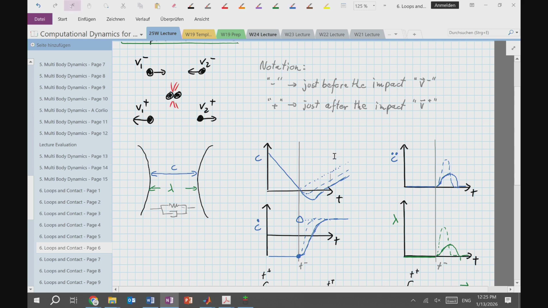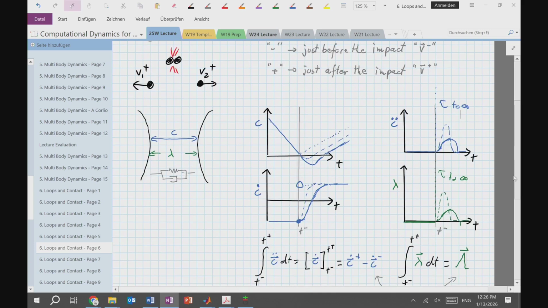And in terms of acceleration, I now get infinite values, right? Because my velocity jumps, my acceleration basically gets a spike. And my contact forces also become infinite. So this goes to infinity, and this goes to infinity.